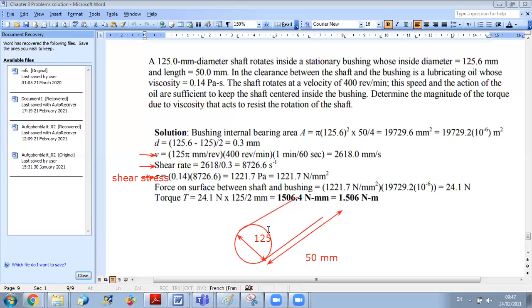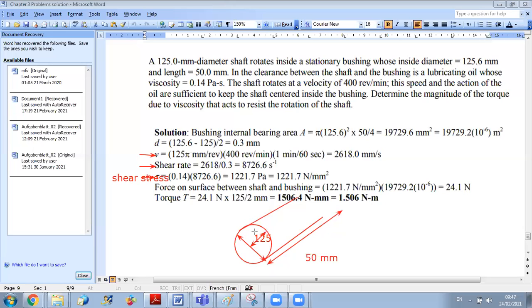I get the peripheral area that will be subjected to the shear, and then I multiply this area by the shear stress. I find the value of the force, and once I have the total force acting, to find the torque, I multiply by the radius.